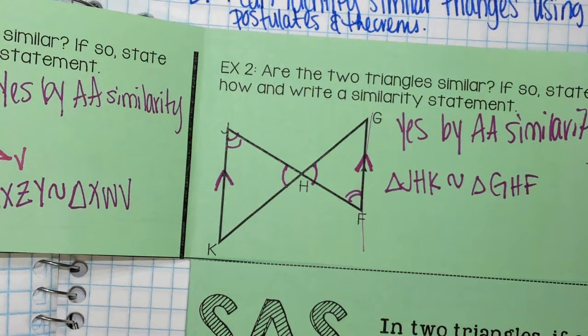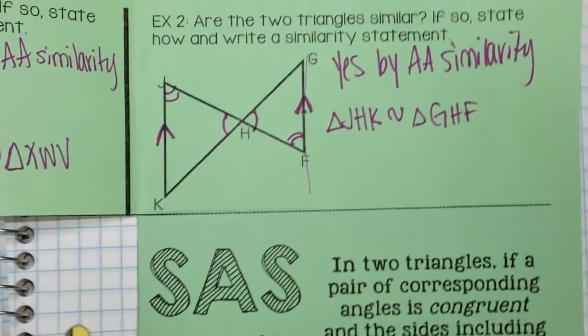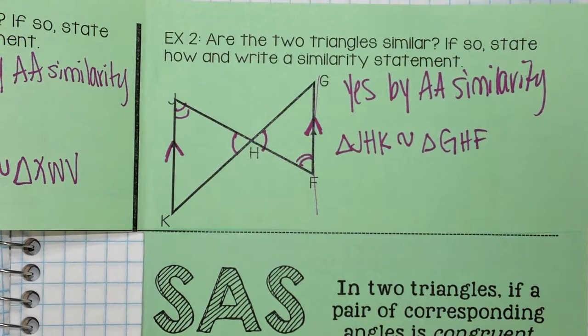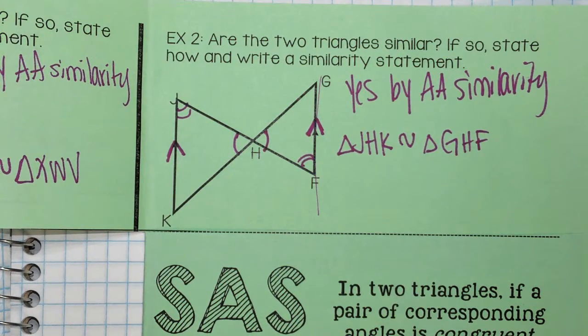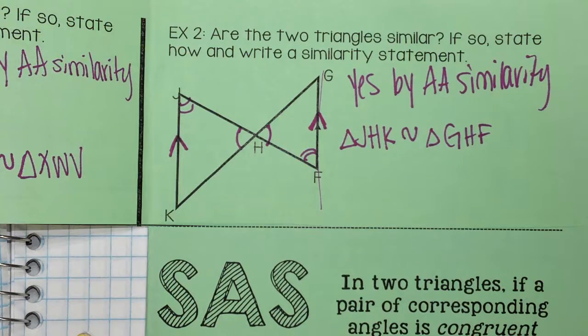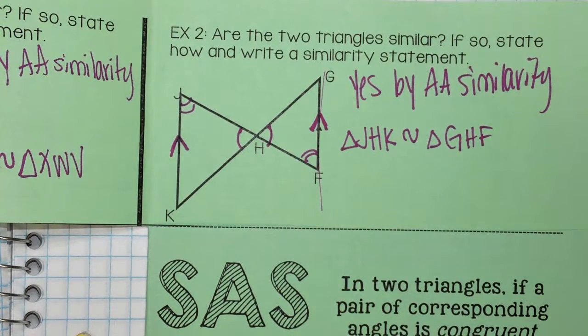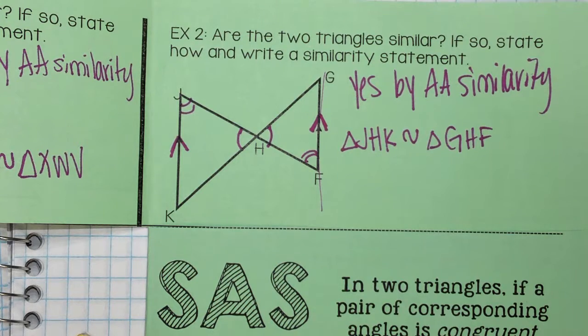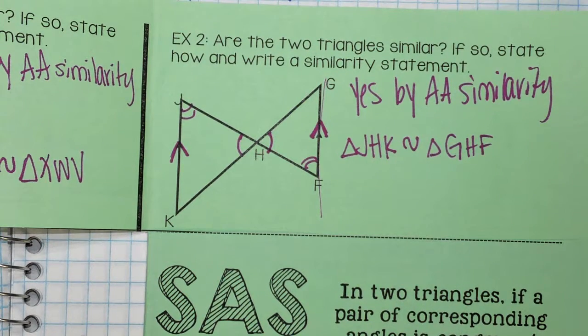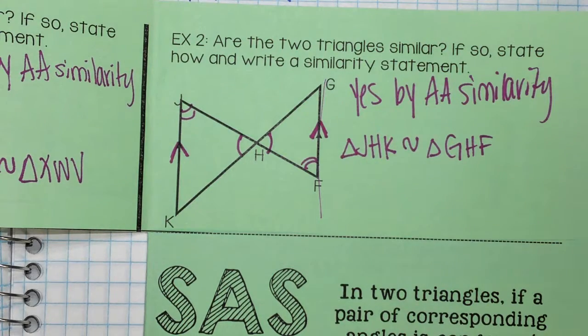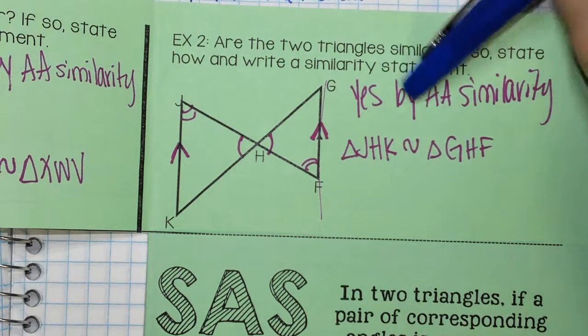You can, but you don't have to, because we said that it's similar by angle similarity. So you don't have to write all the reasons. You just show me. Now, if I asked you to write all the reasons, if we did a proof, then yes, you'd have to write that. How many of us really want to do proofs? No. Right. Are you ready for the next one? Yes.